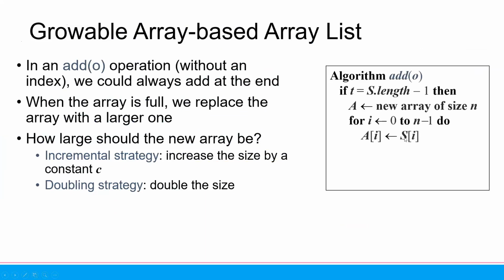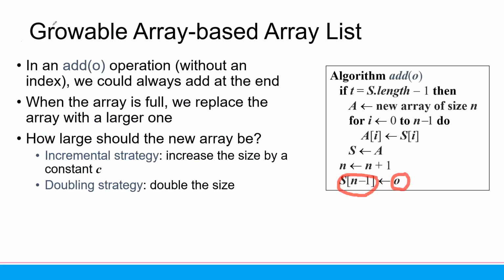We replace, for every i, A[i] with S[i]. So all the S now will become the A. And n will be increased by 1. So the position n will be the object. So this is the overall procedure if you want to make a growable array.